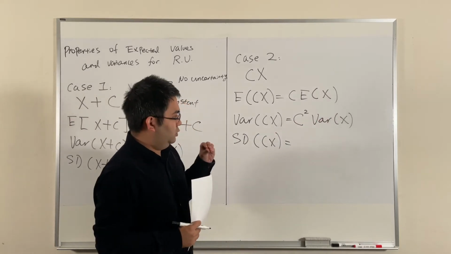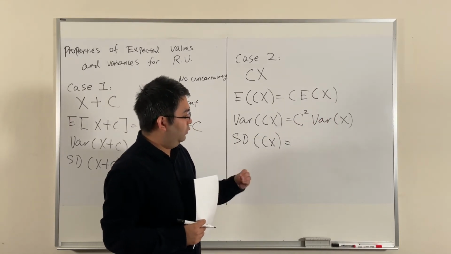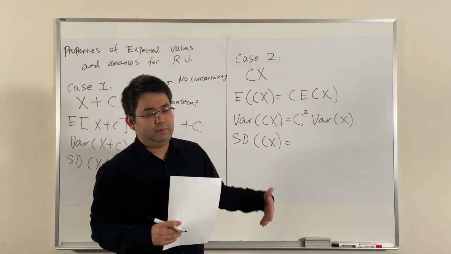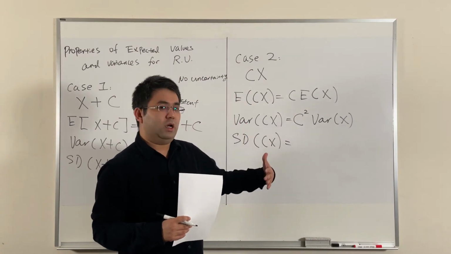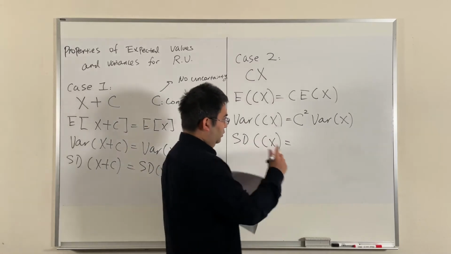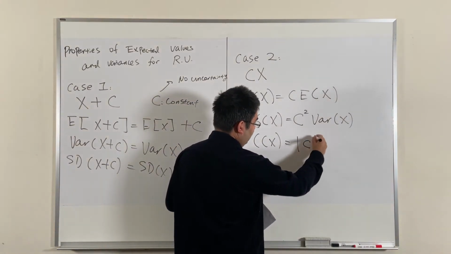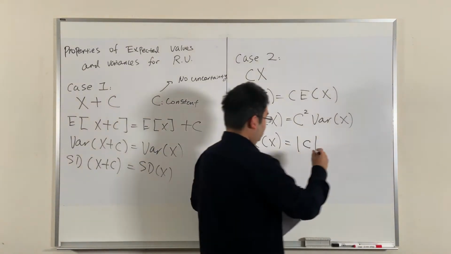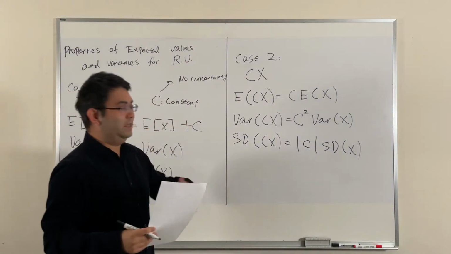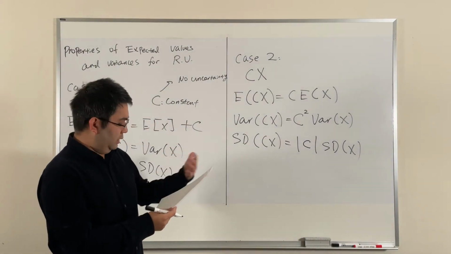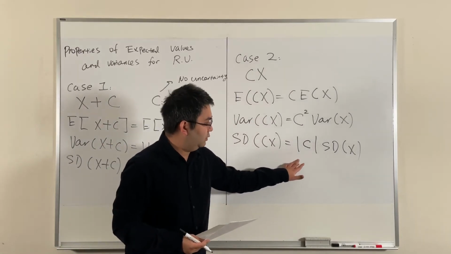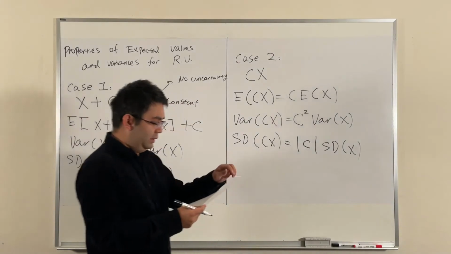But be careful: the standard deviation is a distance concept, so it cannot be negative. We take the absolute value of c, then multiply by the standard deviation of x, since c could be negative.